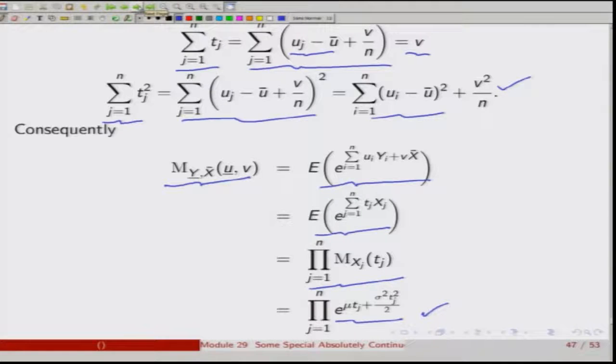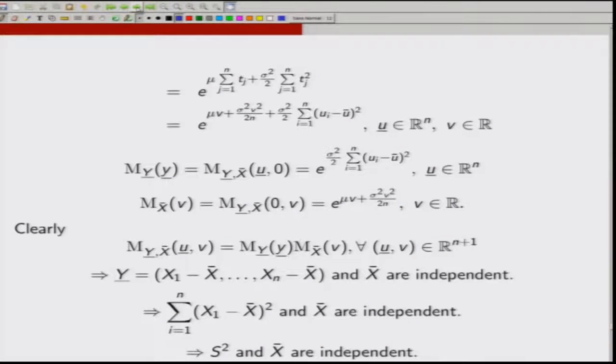So this product gets converted into summations over the exponent. So e to the power mu summation j equal to 1 to n tj plus sigma square by 2 summation tj square. Now I put the values of summation tj and summation tj square, so I get this quantity.